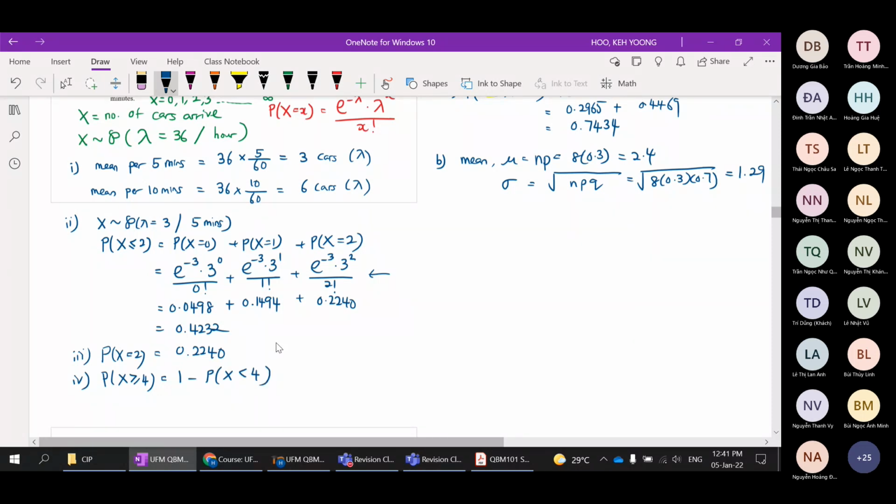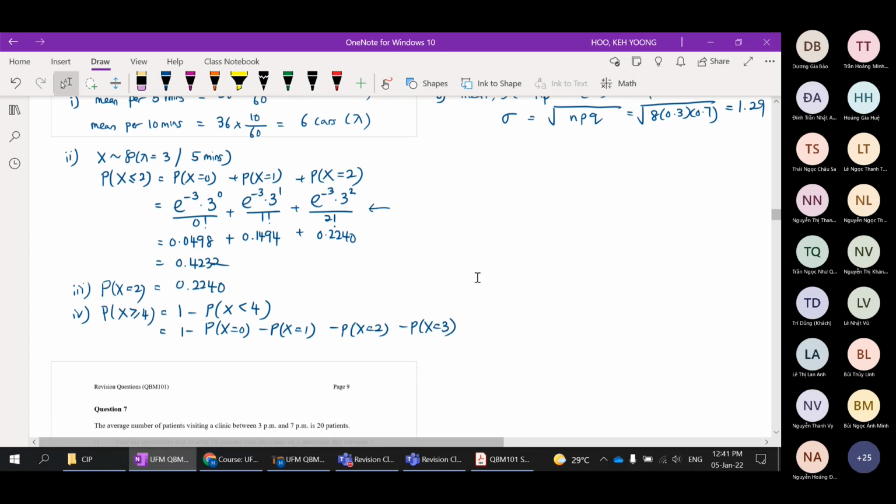It'll be easier, you have fewer calculations. That is 0, 1, 2, and 3. So 1 minus these 4 probabilities will get you the answer. Again, you can refer to the statistical table.